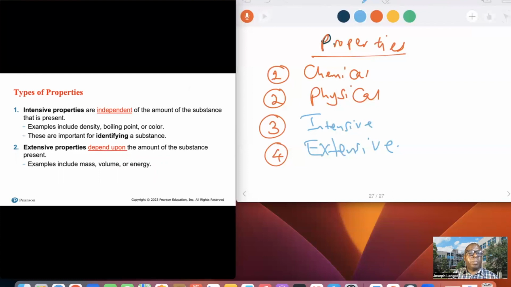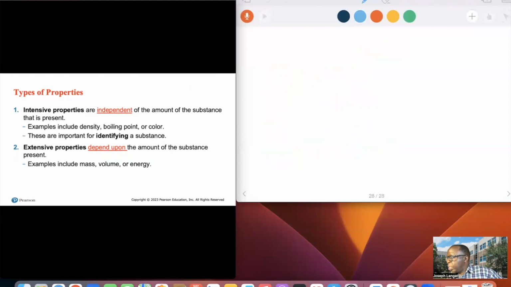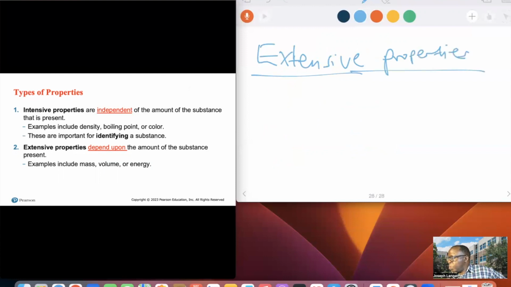Now, extensive properties depend on the amount. For example, area and volume.